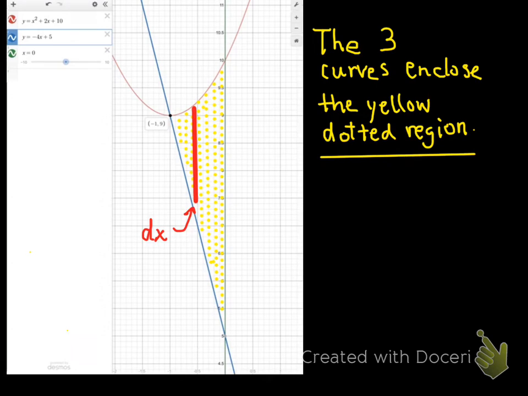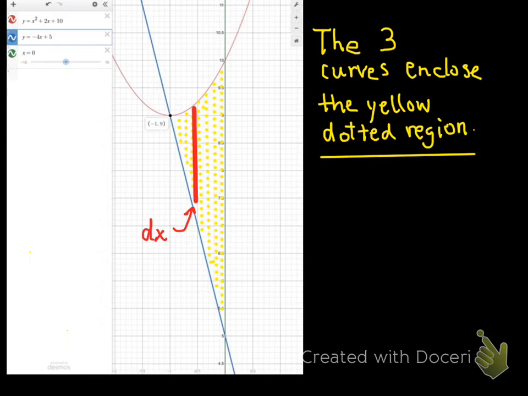We've talked a lot about this infinitesimally thin rectangle that makes up part of the region, and that's what makes integration possible: an infinite number of rectangles, each with an infinitesimally small width, in this case a dx, a very small difference in x's.